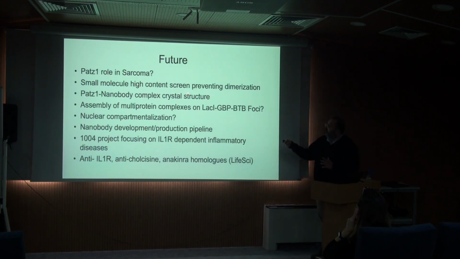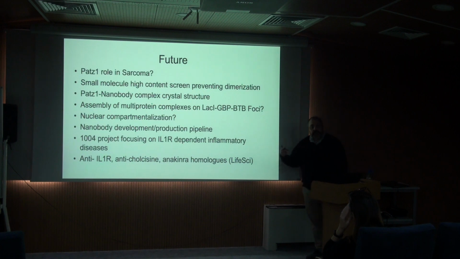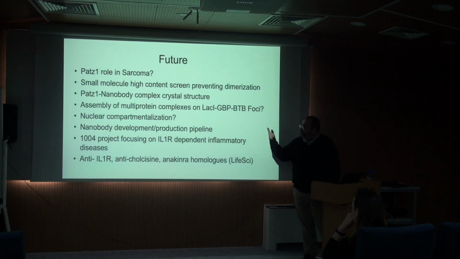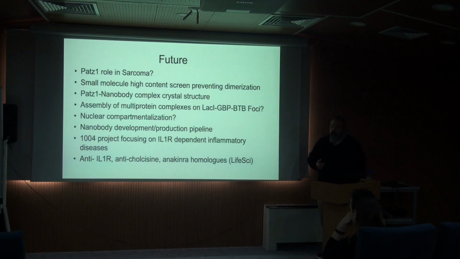So we plan high-content screenings under the fluorescent microscope, using small molecule libraries to design drugs targeting these dimers. And BCL6, as I told you, already has these kinds of small molecules, but the other family members, especially PATS1 in sarcoma, may be good candidates.